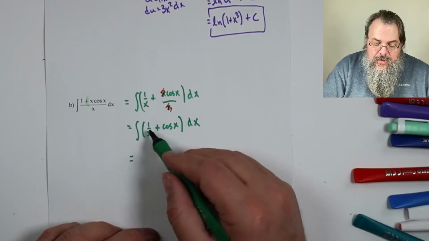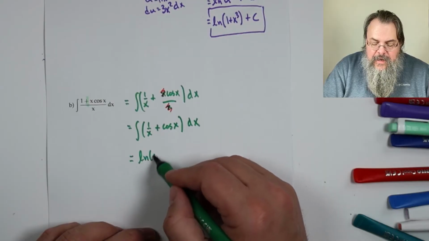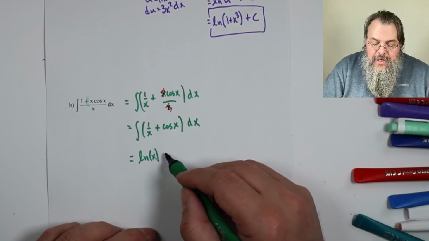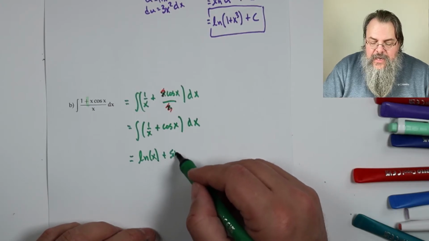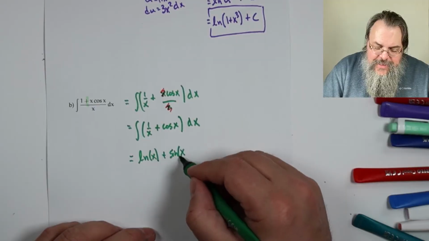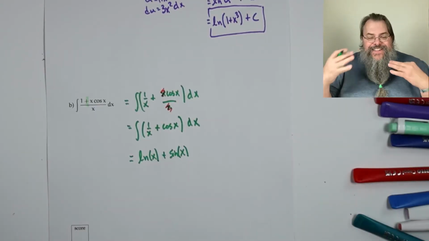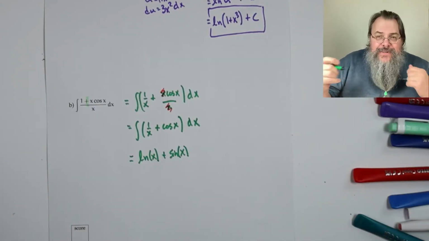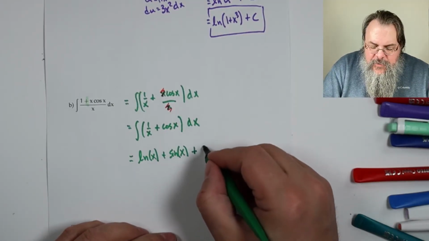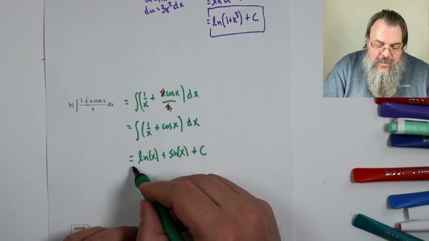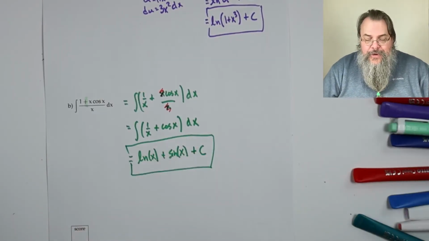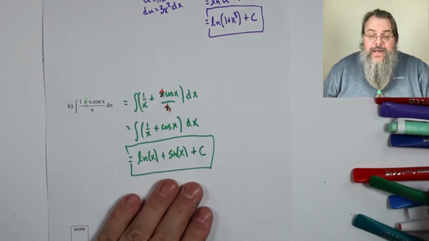Integral of 1 over x, log x. Integral of cosine, well, that would be positive sine. The integral of cosine and sine, I'm always super hesitant, because there's a plus or minus involved in one and not the other. If you're not paying attention, it's easy to forget, just as it's easy to forget our plus c, but we're not going to forget it because we're going to get all our points. And now we're done with number 8.